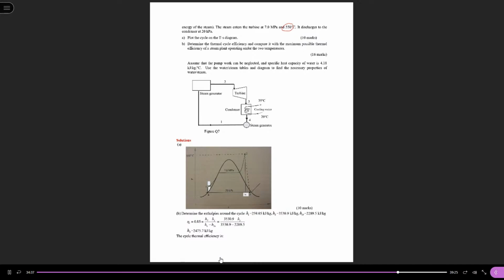In fact, for this question, firstly we need to draw the constant pressure line. This is the constant pressure line, and then we get the saturation temperature. We compared it, then we found state 2 is superheated.